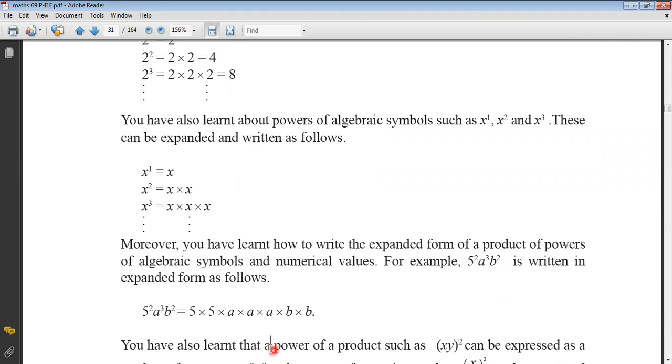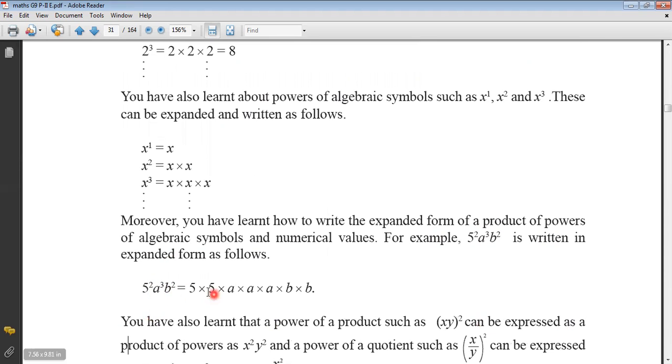The second power of 5: you write 5 twice. The third power of A means you write A three times. The second power of B means you write B two times.